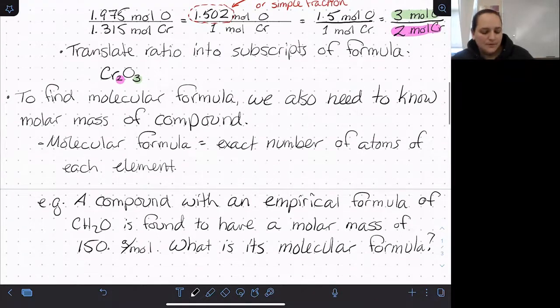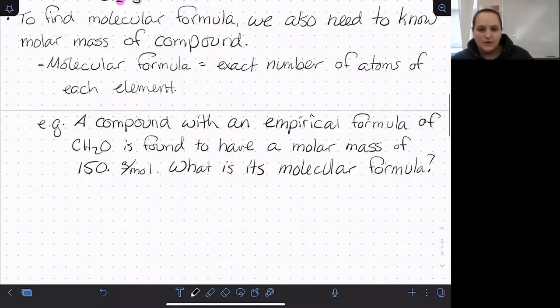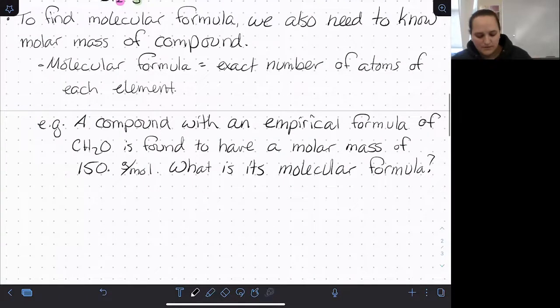So essentially what we're doing here is figuring out how many times bigger the actual molecule is than the empirical formula. This isn't an official term, but the way I approach this is to figure out what I refer to as the empirical mass.